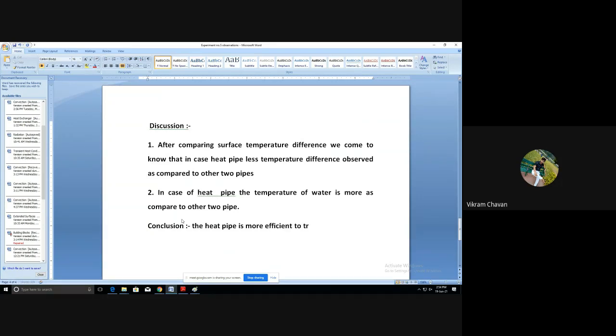The heat pipe is more efficient to transfer maximum heat from source location to sink location. That will be your conclusion in this particular experiment.